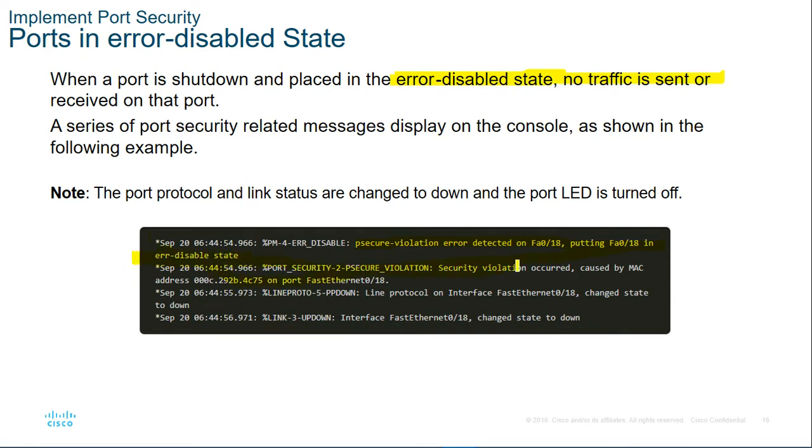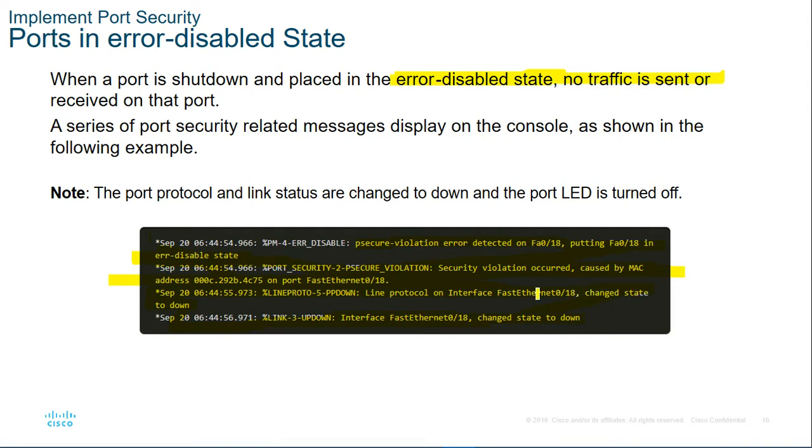Then a security violation occurred, caused by a MAC address, which shows which MAC address caused that security violation on which port. And then line protocol on interface F018 changed state to down. Interface F018 changed state to down.